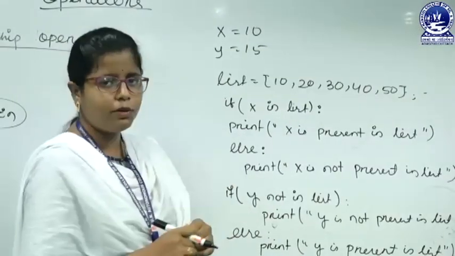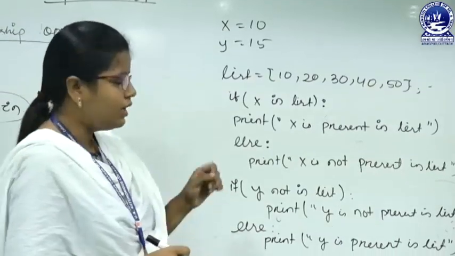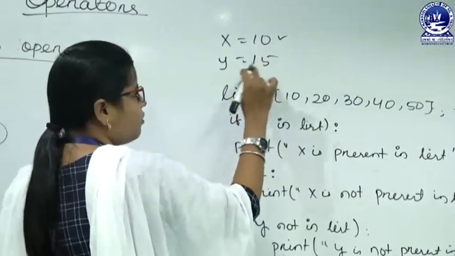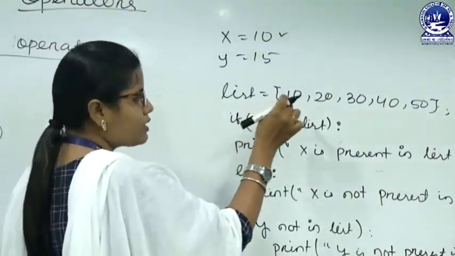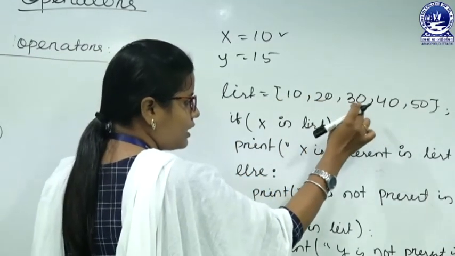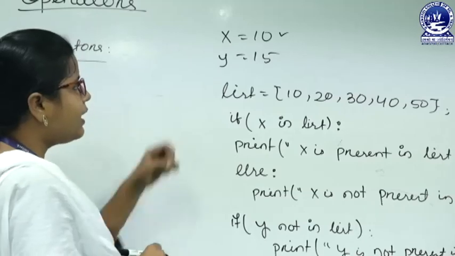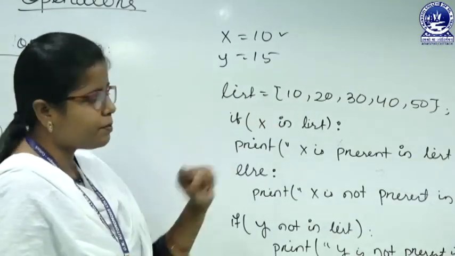So, here we have a program to check the use of in and not in with a list. Now the x value is 10, the y value is 15, and we have a list which contains values like 10, 20, 30, 40 and 50. Let us check if x is present in the list or if y is present or not.